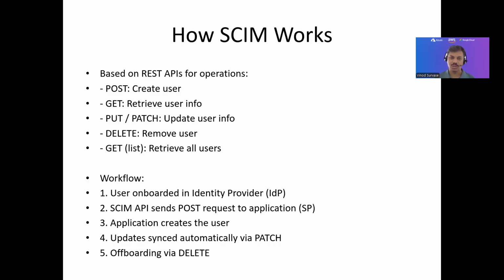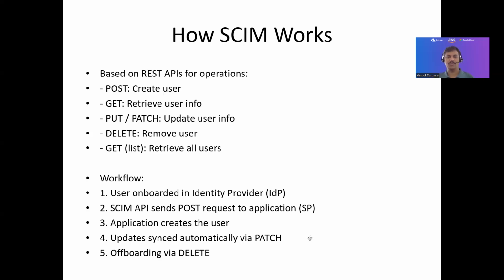Starting from post, which creates user accounts from one system to another; get retrieves the user identity information; put and patch update user information, whatever changes we are going to make; delete simply removes the user account; and get list helps us retrieve all user identities, right? So these are the REST API methods in straightforward and simple language, and they are very helpful here. Without these, the capabilities are not available in the SCIM protocol at all.